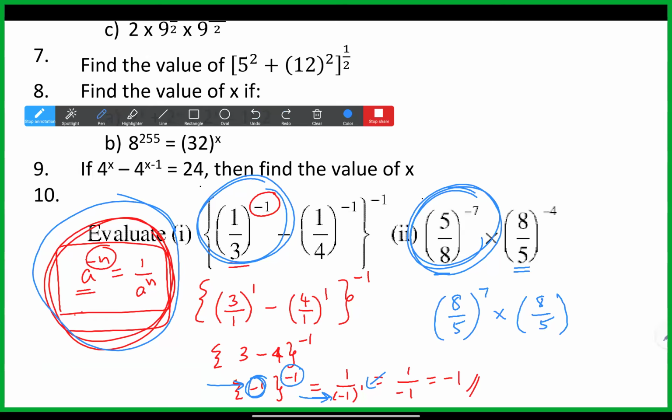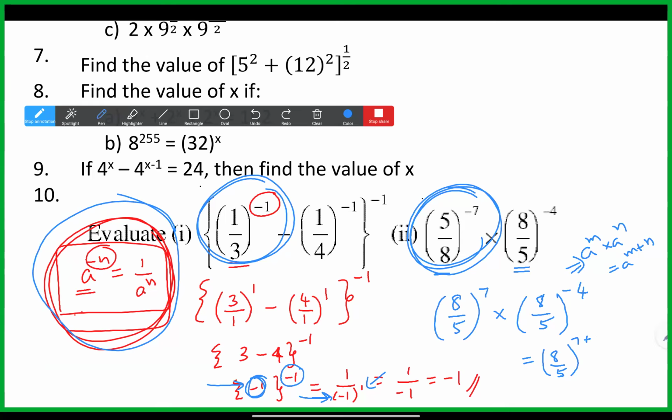So here now the bases are the same. Which law can we use? Bases are the same, multiplication is there. Sir, a power m into a power n equals a power (m plus n). Yes. So a is 8 by 5 now, whole power m is 7, n is minus 4.